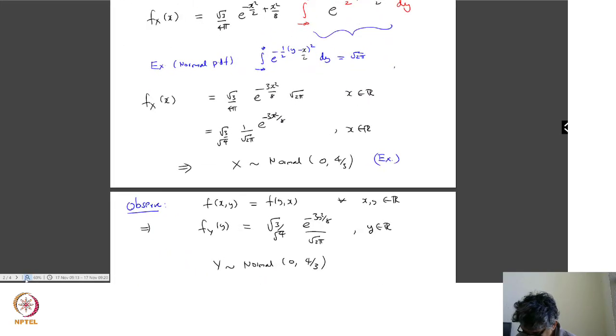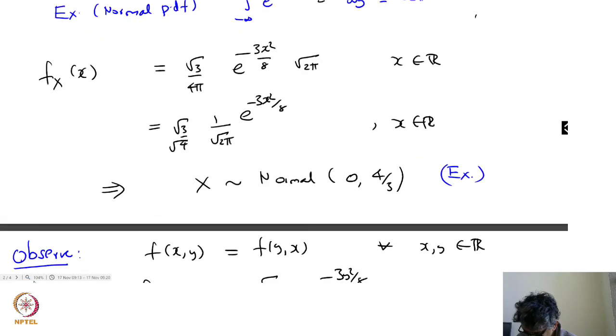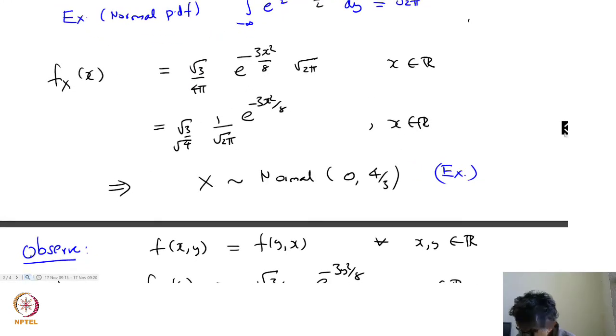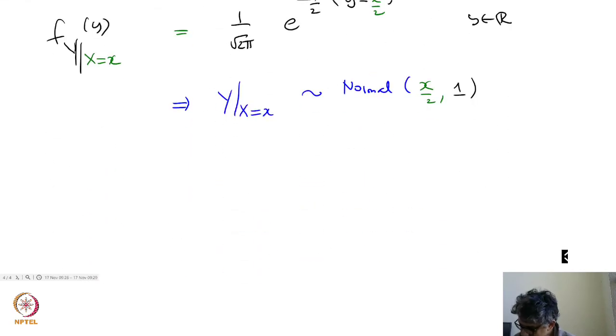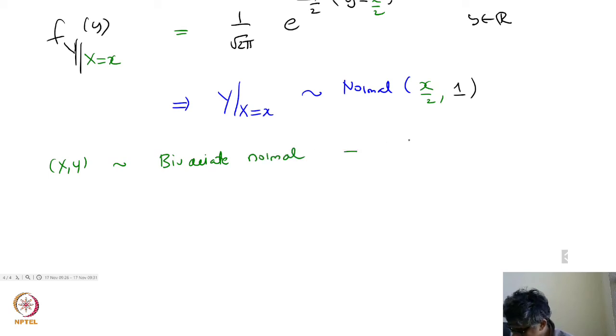This is something we will play with maybe on Thursday a little bit more. While I close these ideas, if I get a chance, this x and y come from a very interesting family of distributions called the bivariate normal distributions, which we can discuss.